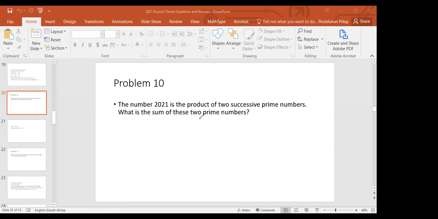And what is the sum of these 2? But they are successive, you see, consecutive. In other words, these prime numbers are quite near to each other. You've got two numbers which are being multiplied, and they are quite close to each other. Now, how do you find these numbers? Because they are successive, the trick is, if they're quite close to each other, then the product is probably approximately equal to a square number.